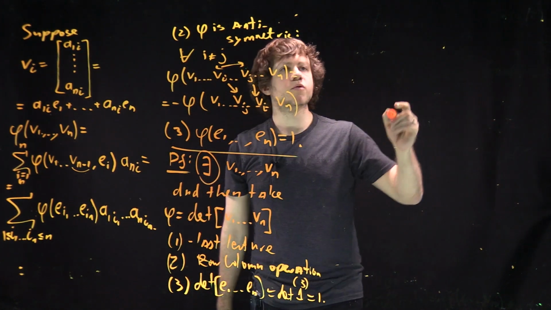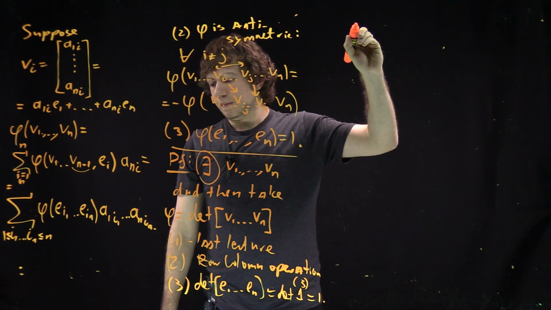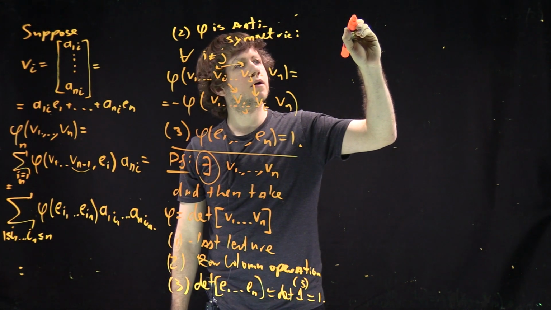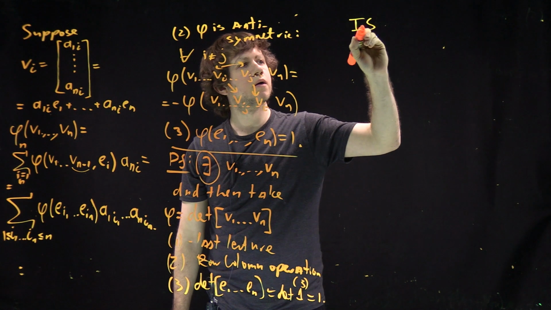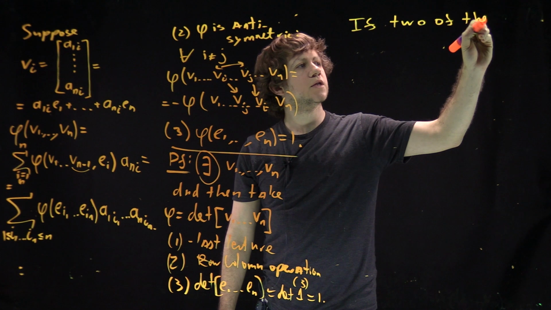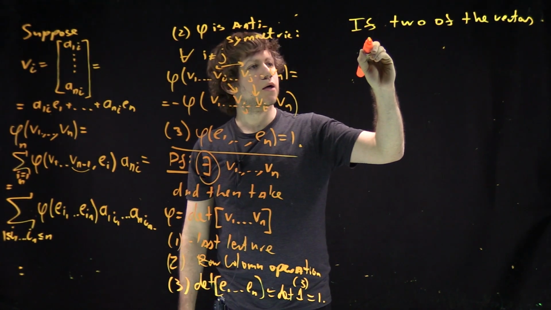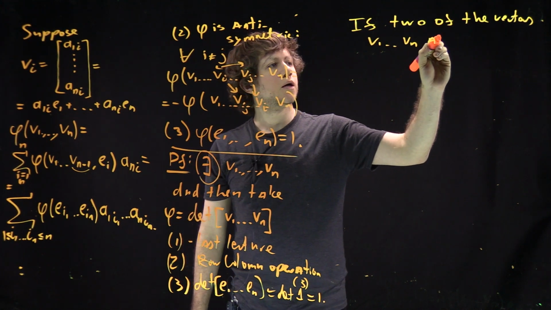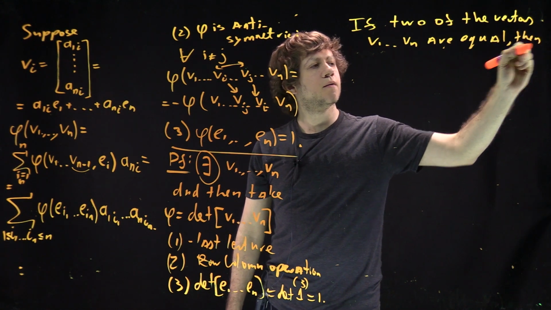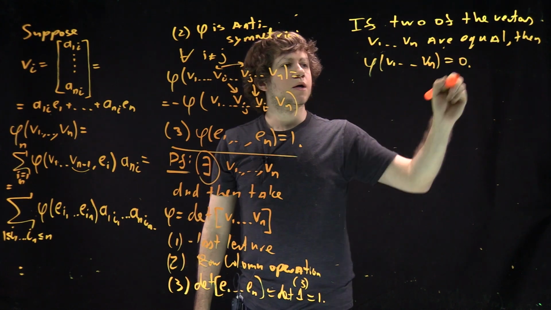Okay, so for this, we prove the following little fact. If two of the vectors v1 and so on vn are equal, then phi of v1 to vn equals 0.